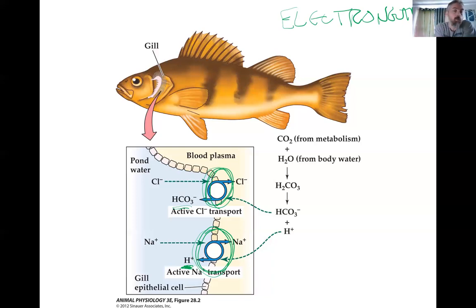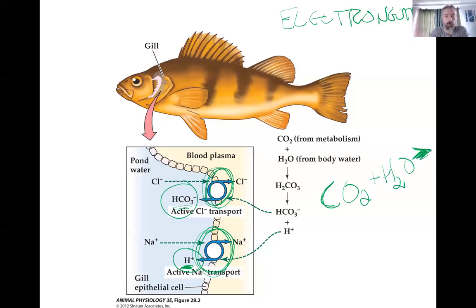Now, where do we get bicarbonate and hydrogen? Hopefully, you remember this from the chapter before the last chapter, from metabolism, right? As we take carbon dioxide and we put it into your blood, we yield carbonic acid, which is reversibly exchangeable as hydrogen atoms and bicarbonate.